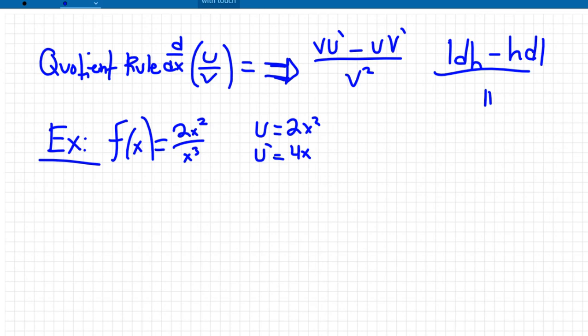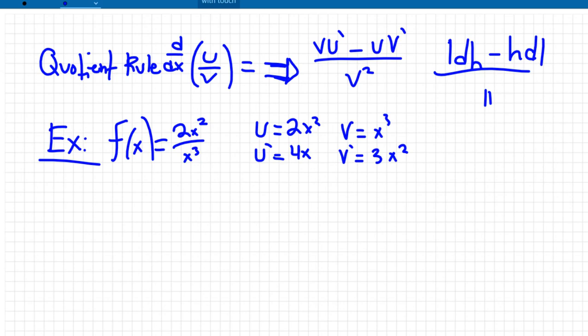All right, now we'll go into v. V is x cubed, which means our v prime is 3x squared. Now we can just plug all of this into our algorithm for figuring out the derivative of a quotient. So low d high, which would be v u prime.